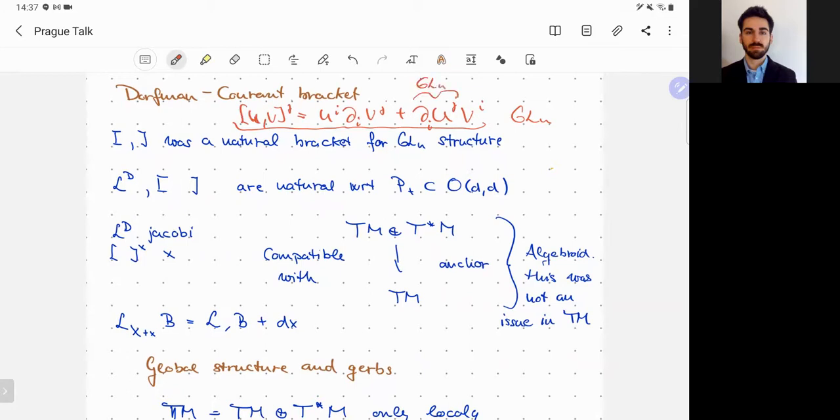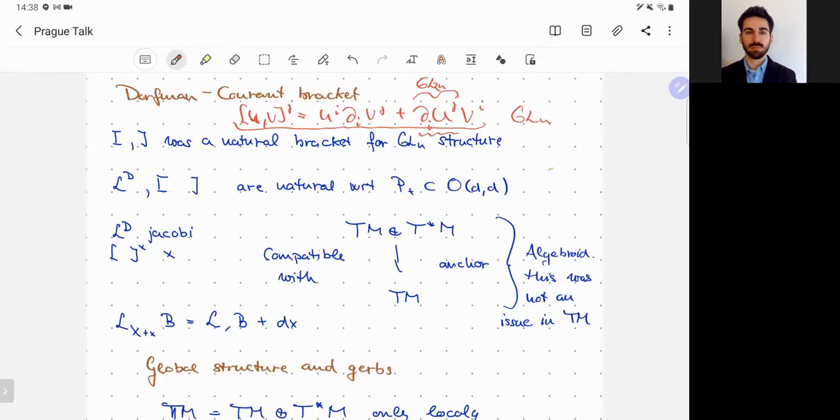So this is the GLN Jacobian of the infinitesimal diffeomorphism. If we're in the ODD structure, we can do a similar thing. We can take those vectors and forms, put them together, and we get a priori something in GL2n, here in this Jacobian part of the Lie bracket.